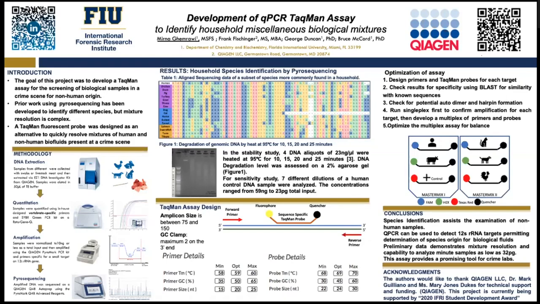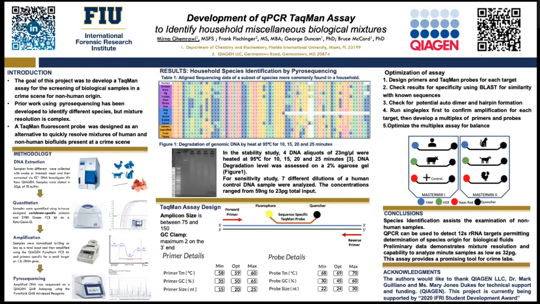Mitochondrial DNA is found in much higher abundance, so that's good if we have a minute sample at a crime scene, and we will have a positive result if we look at the mitochondrial.